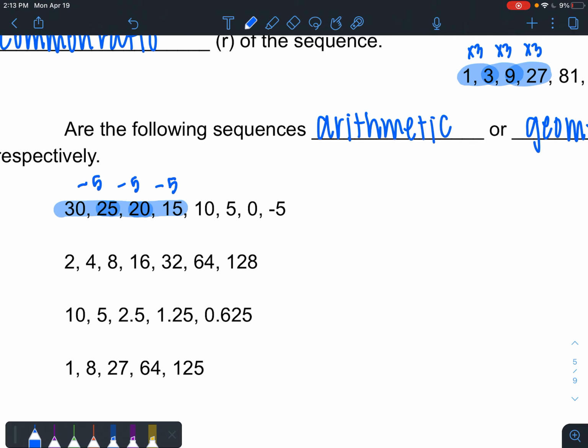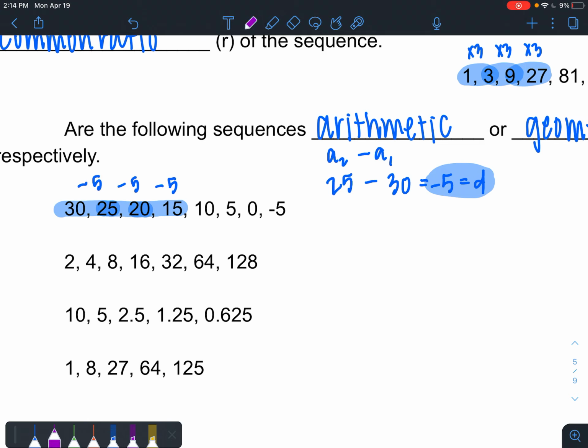Since we are adding -5, I do my a2 minus my a1. So -5 is equal to d.